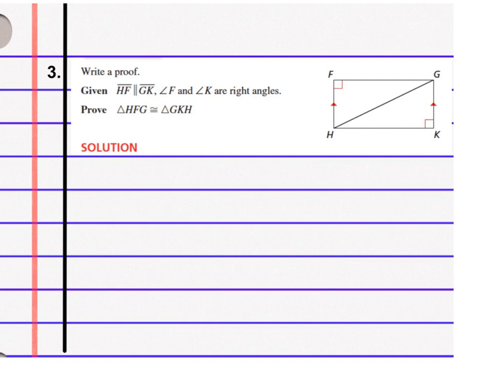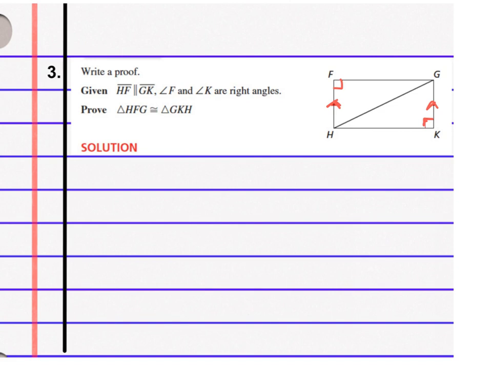All right, here's our last example, short and sweet today. So draw the picture, draw the diagram, write the problem, write a proof. Given HF is parallel to GK, that's also marked on our diagram, and angle F and angle K are right angles and congruent, prove the two triangles are congruent. So let's think, is there anything else we can add to this picture?